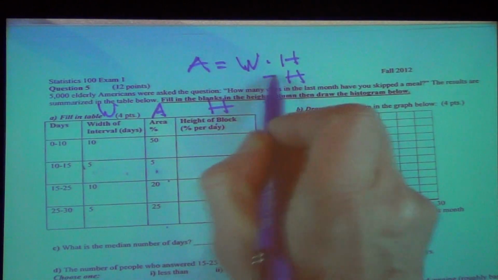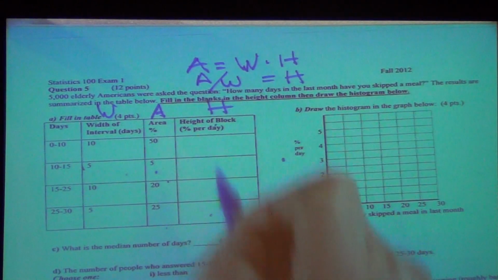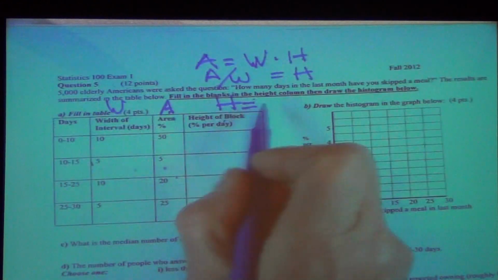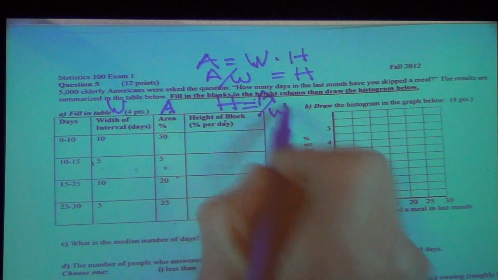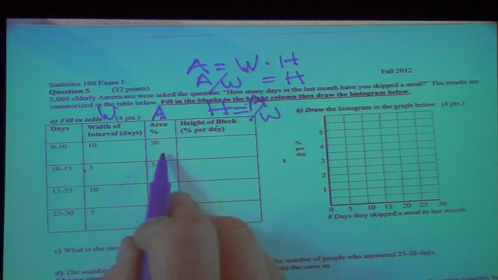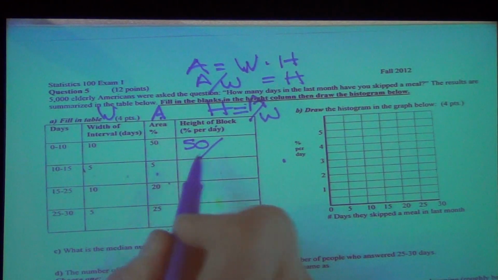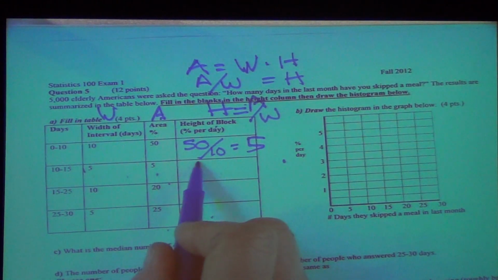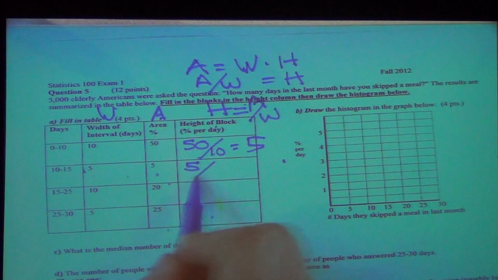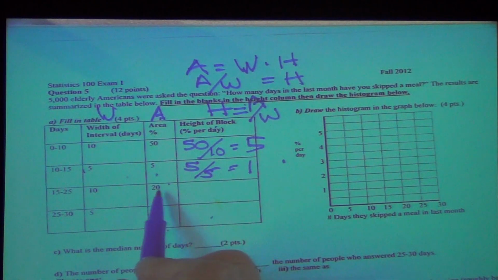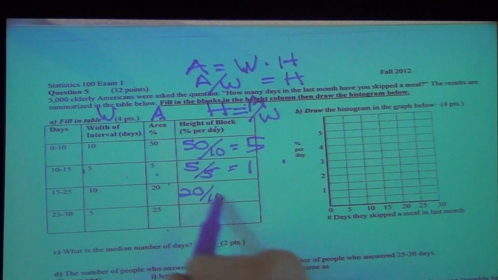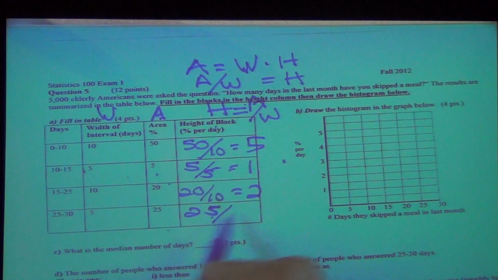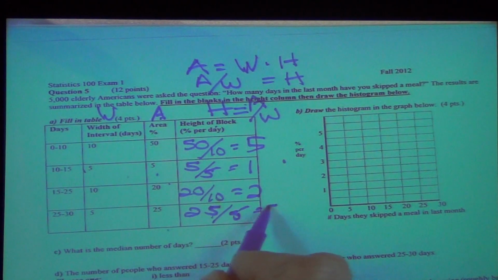So height equals area divided by width. Area is 50 divided by the width is 10. So that'll be 5. Area divided by the width, here we get 1. 20 divided by 10 is 2. So 25 divided by 5 is 5.